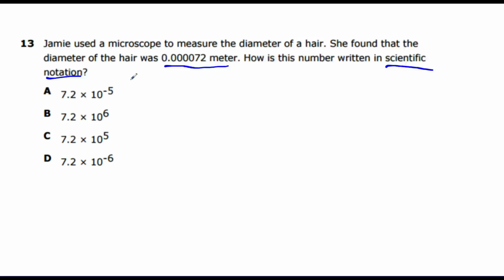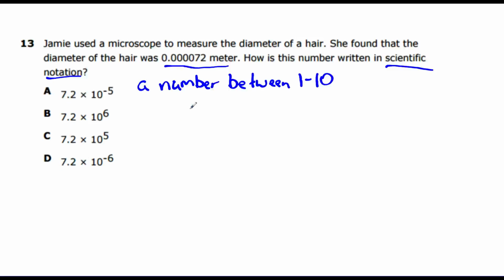We need to remember that scientific notation has to start with a number between 1 and 10. So if you have any answer choices that don't start with something between 1 and 10, you can cross those out immediately.